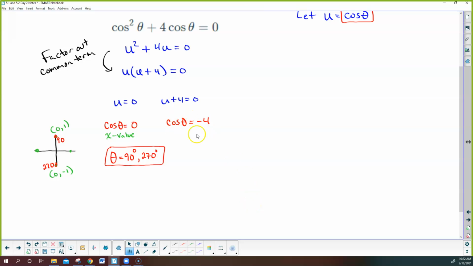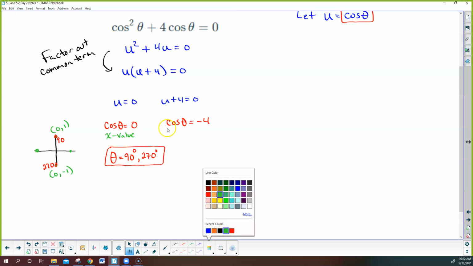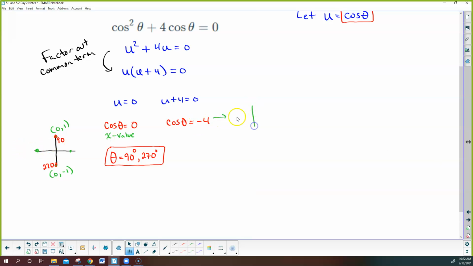All right, and then this was something Ms. Dwyer talked about in the video as well. If cosine is the x value, and I'm on the unit circle, the farthest I could go is a distance of 1. The radius is always 1, so I could never get out to a -4. The other way you think of this is graphically.